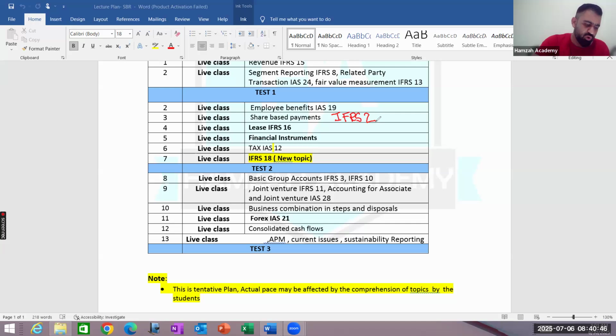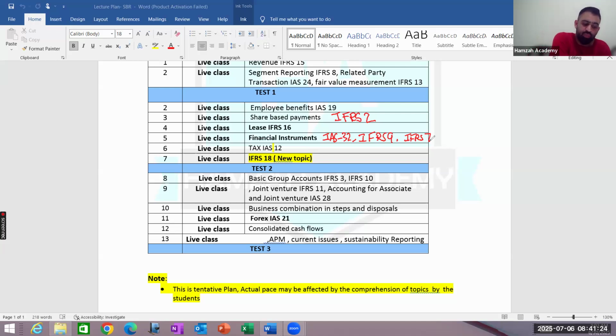So a number of issues we will cover relating to financial assets and financial liabilities in the topic of financial instruments. The accounting standards we will be covering here are IAS 32, IFRS 9 and IFRS 7. These three accounting standards we will be covering in financial instruments.